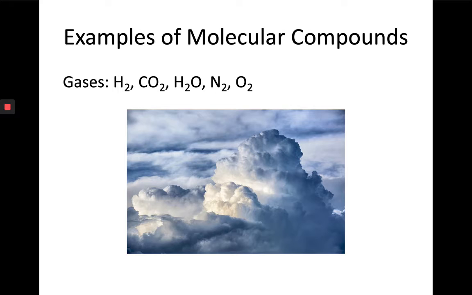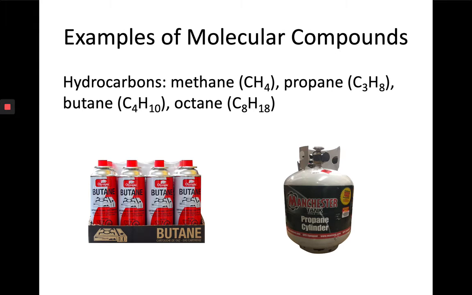So let's look at some examples of molecular compounds. There are lots of different molecular compounds, so let's first look at gases. Carbon dioxide, water, hydrogen gas, nitrogen gas, and oxygen are all molecular compounds. Hydrocarbons, you might not know exactly what a hydrocarbon is, but you will have heard of methane, propane, butane, octane.